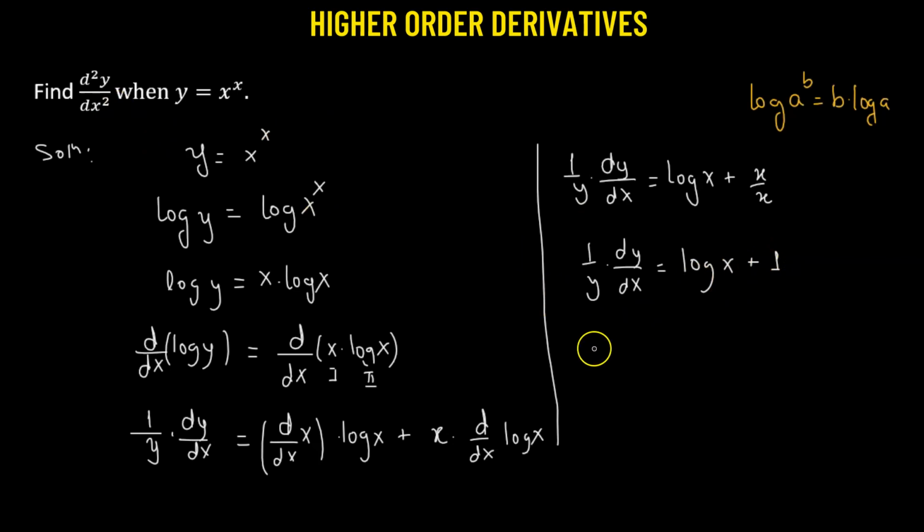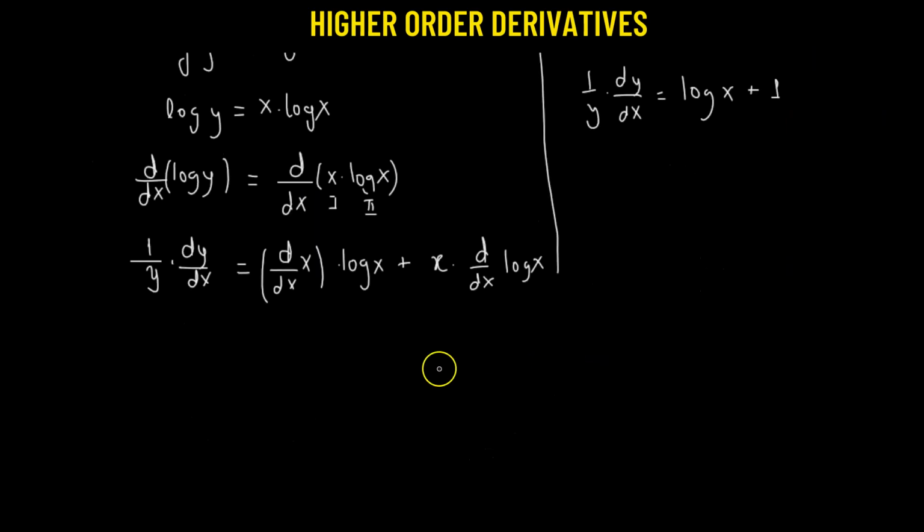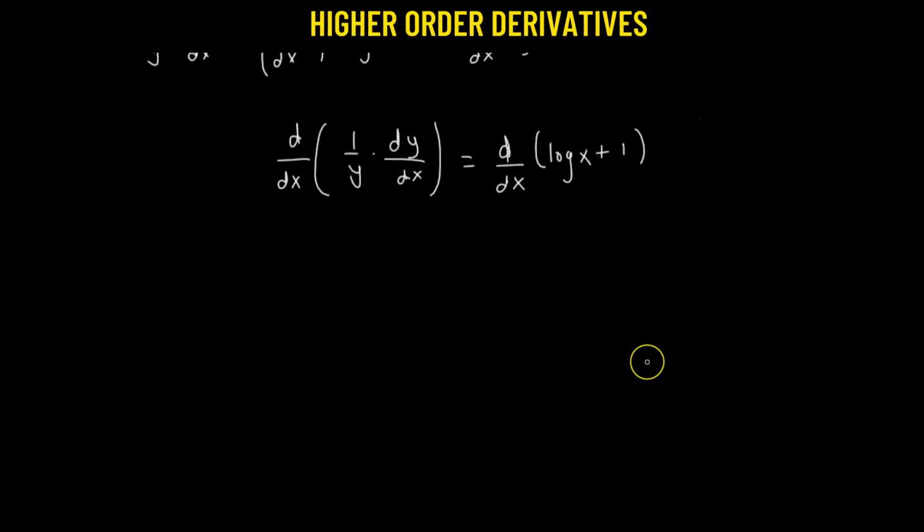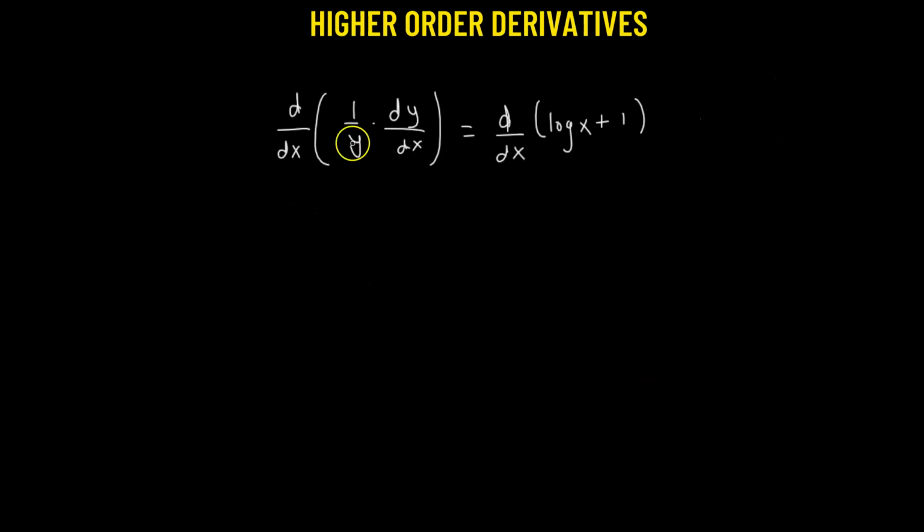Right. So we need to find the second derivative. What we'll do, we'll take the derivative on both sides of this expression with respect to x. So we have the derivative with respect to x of 1 over y times dy over dx equal to the derivative with respect to x of log of x plus 1. Now we'll have to use the product rule here. 1 over y will be considered as the first function and dy over dx as the second function.